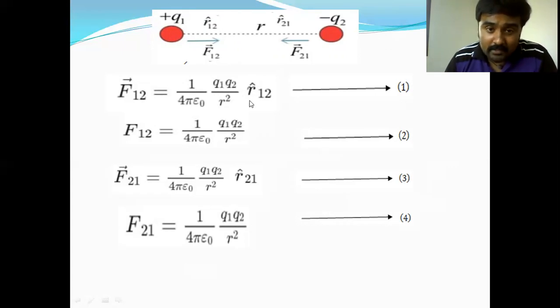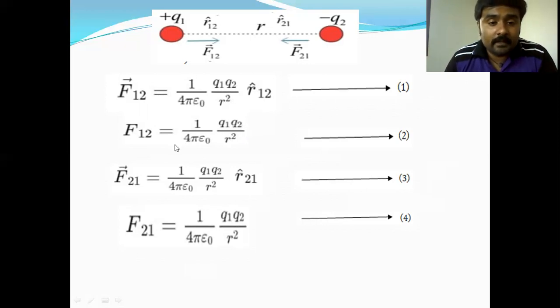And this is the unit vector R12 cap, which indicates the direction of the F12 vector, from plus Q1 to minus Q2. Its magnitude is 1. So the magnitude of the F12 vector is just F12, equal to 1 divided by 4 pi epsilon naught Q1 Q2 divided by R square.